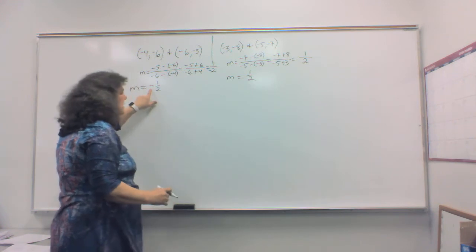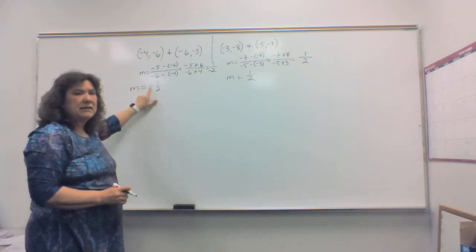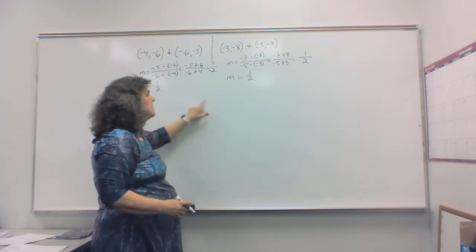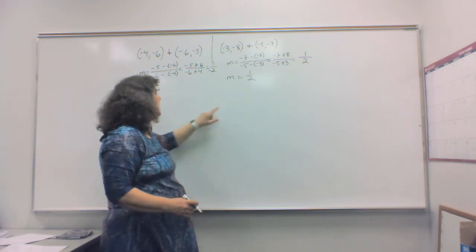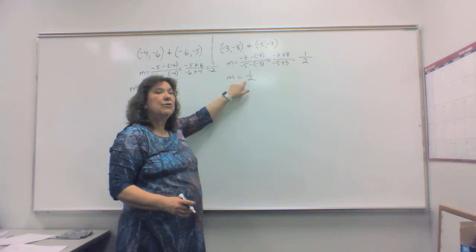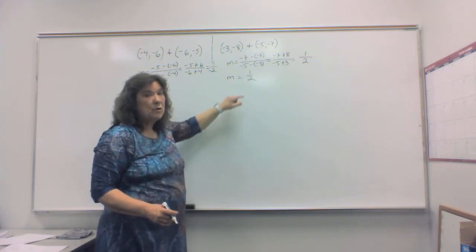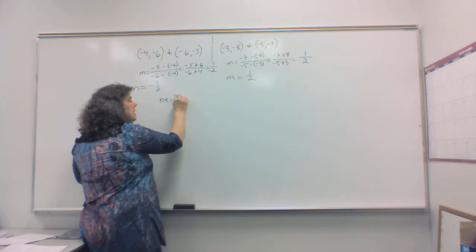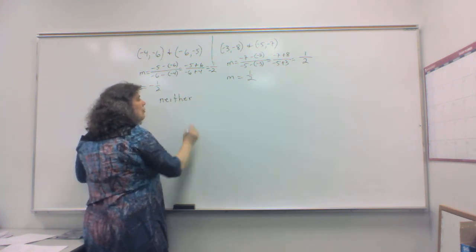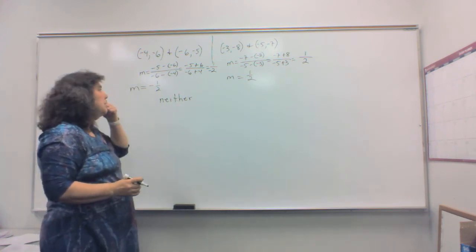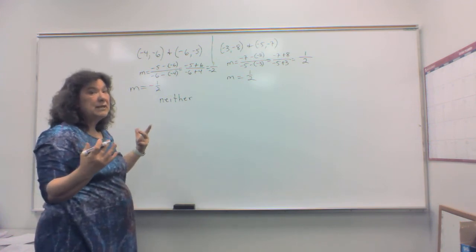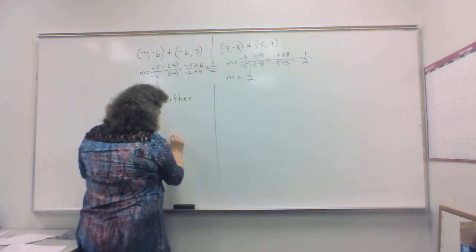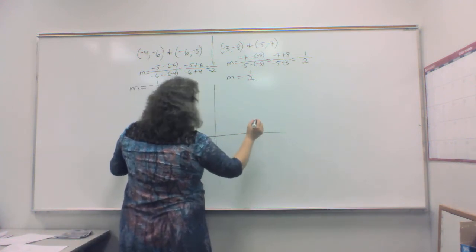Well, notice, in spite of the fact that this one is negative and this one is positive, they are not reciprocals of each other because the signs are different. They are not the exact same slope. Therefore, this set of ordered pairs is neither parallel nor perpendicular. We could have actually plotted the points on a graph, and we could have looked at it that way and told what we were dealing with as well.